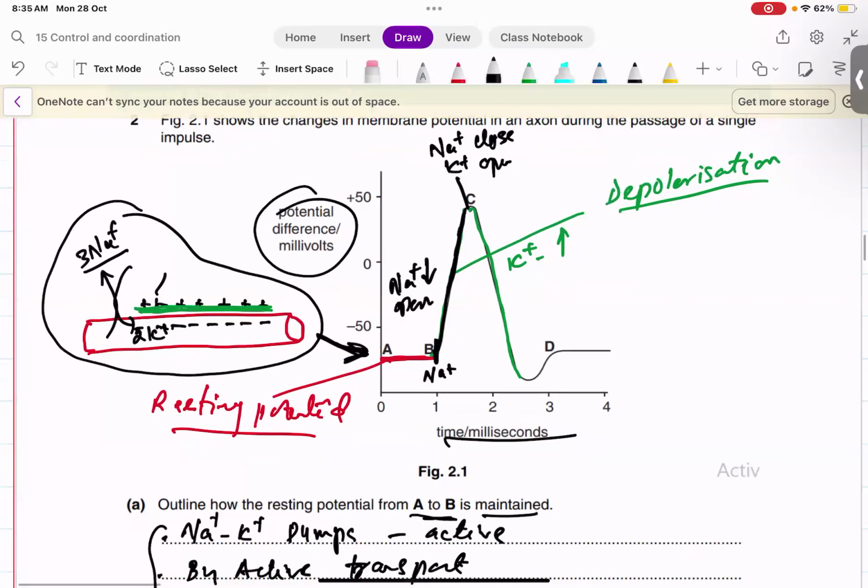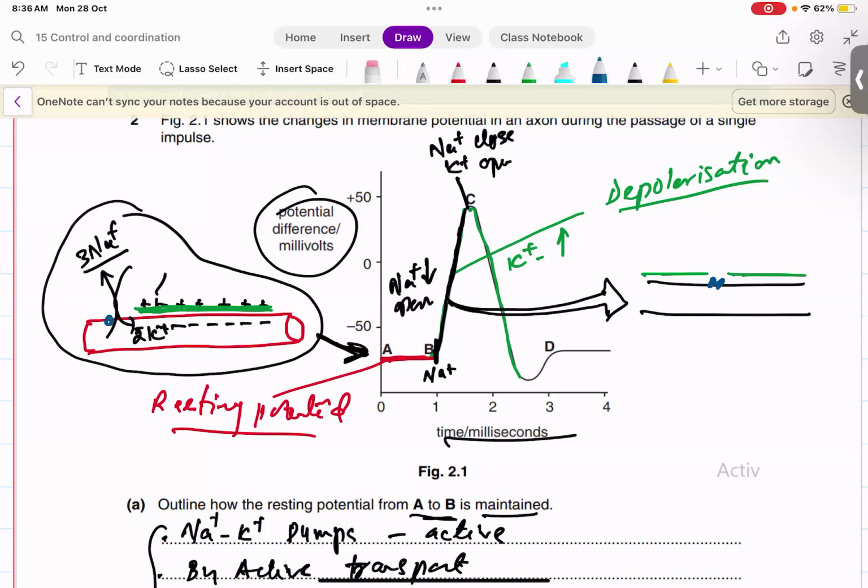Now, if the sodium channels open and sodium potassium pumps close at this point, this is the myelin sheath here. And if sodium channels open here and these sodium potassium pumps that were active at resting stage are closed now, or inactive now, what would happen?